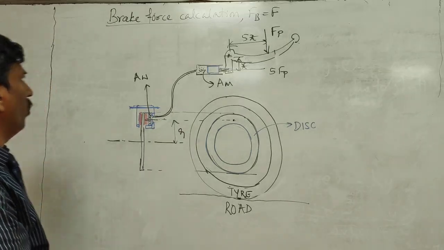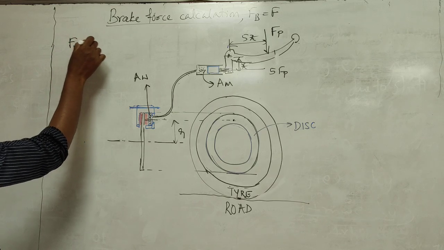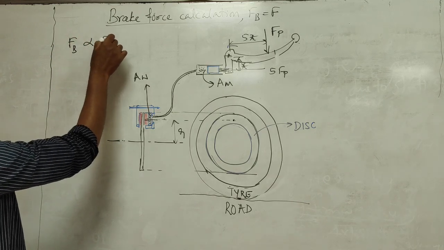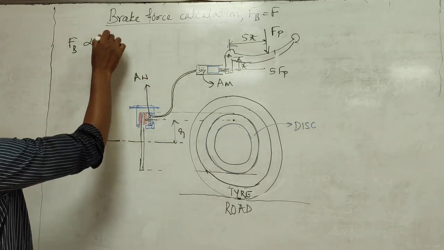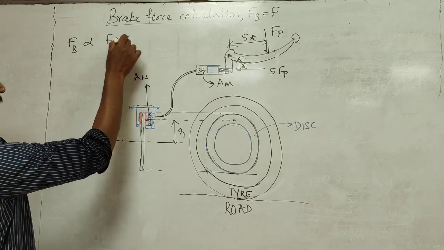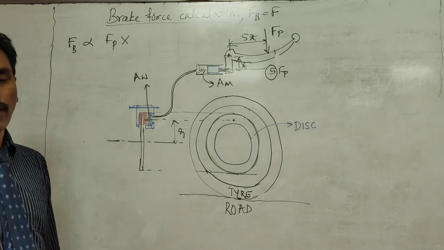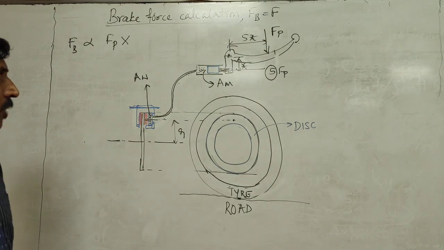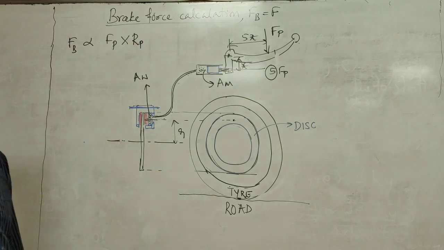So I can say that the brake force FB is proportional to the pedal force multiplied by this 5. This 5 can be called the mechanical magnification, which we call RP, ratio of pedal.